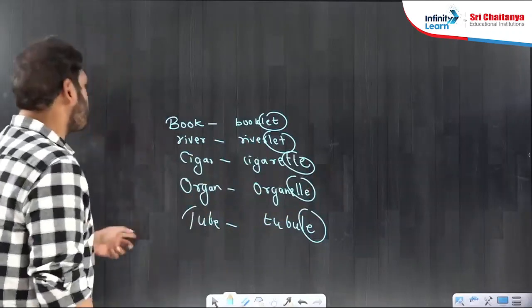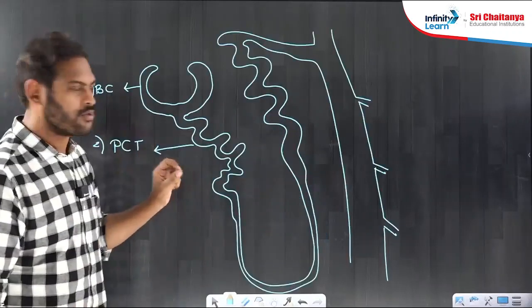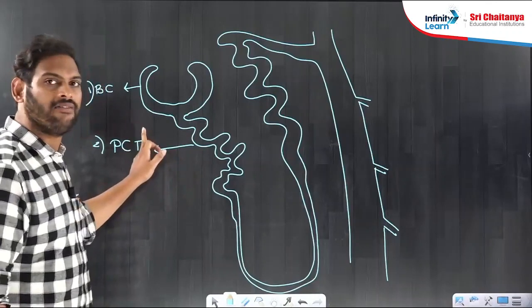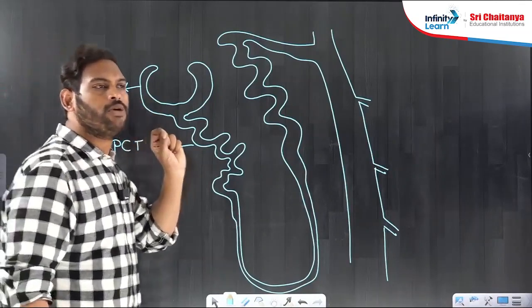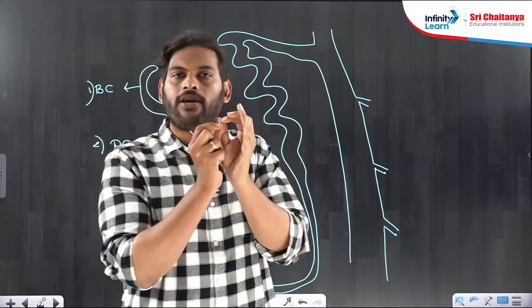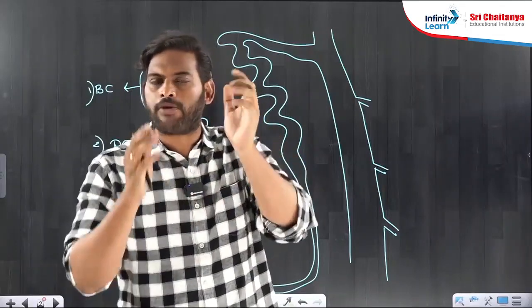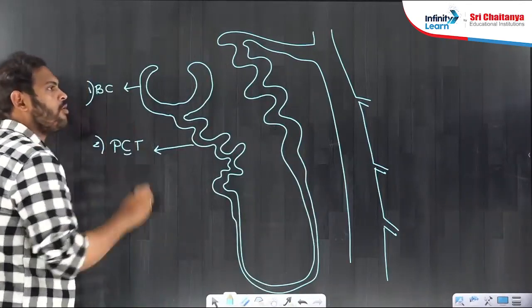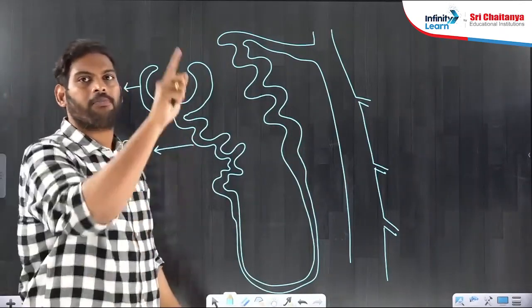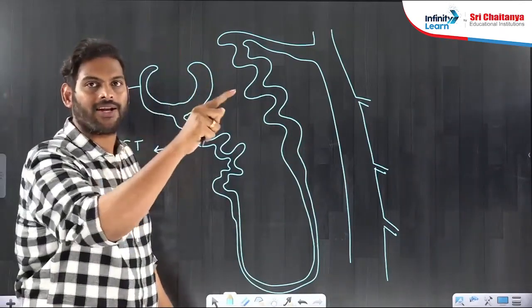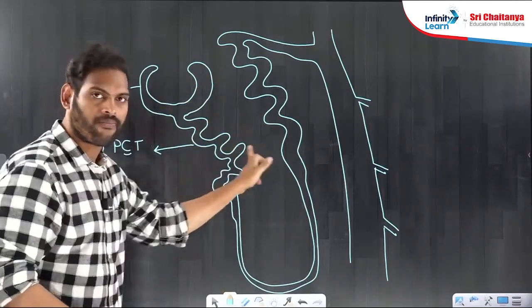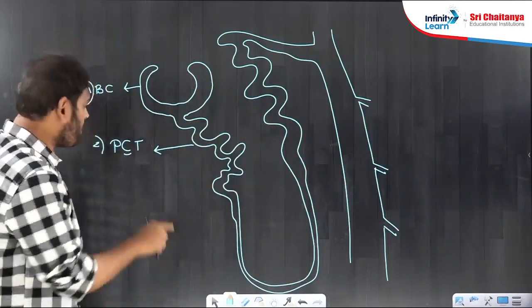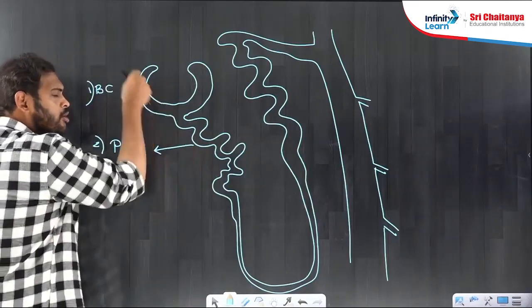So whenever we say tubule, proximal convoluted tubule, why should we say tubule? Because tubule is much smaller compared to tube. And convoluted, what do you mean by convoluted? It has many folds, many turns, convolutions. Simple. And it is very near to Bowman's capsule.